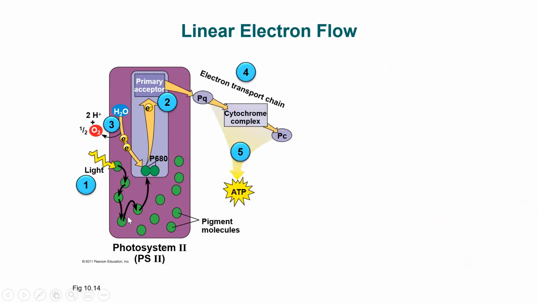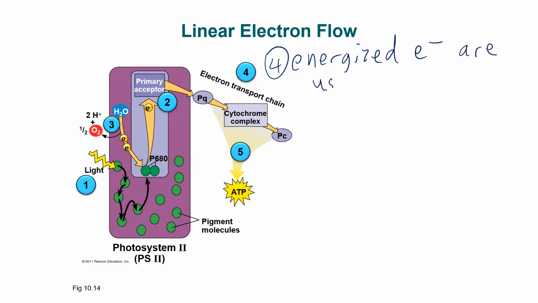All right, so number 4 is really just the electron transport chain. Number 4 is we have energized electrons that are used to pump protons.